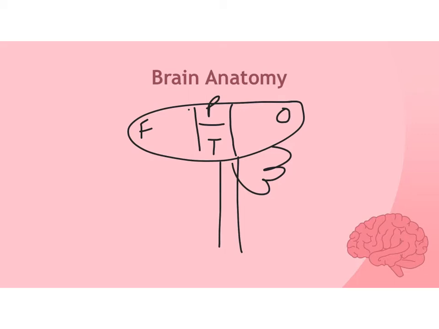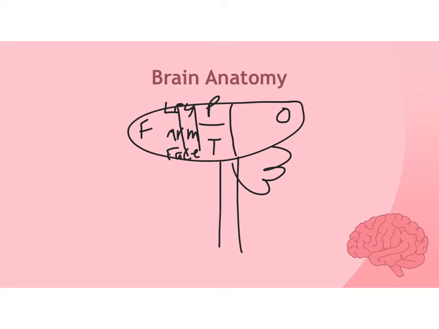I would also draw another line here in the frontal lobe because the frontal lobe is a hot spot for level of consciousness and motor function. You want to remember the leg is at the top of the motor strip, the arm is in the middle of the motor strip, and your face is at the bottom of the motor strip.